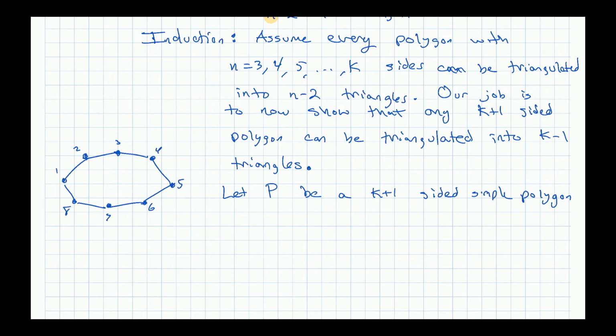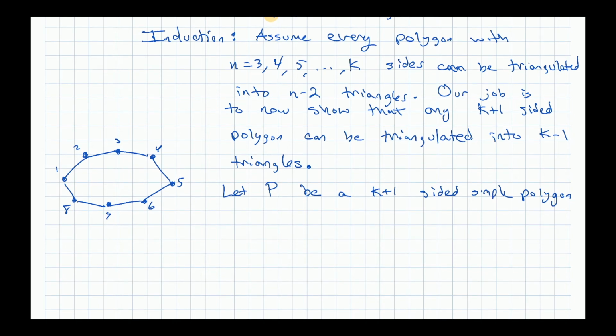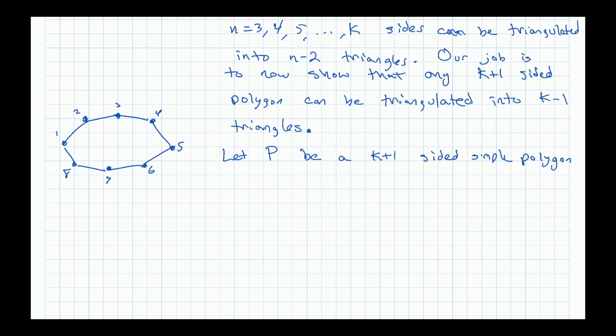So that's an 8-sided polygon. Actually, I counted the vertices, but the edges should be the same. You're supposed to show that an 8-sided polygon can be triangulated into 6 triangles, n minus 2. So there's just an example k plus 1-sided simple polygon.